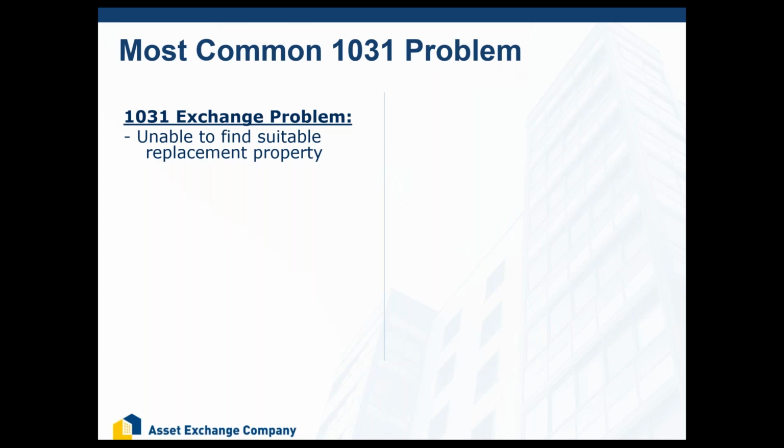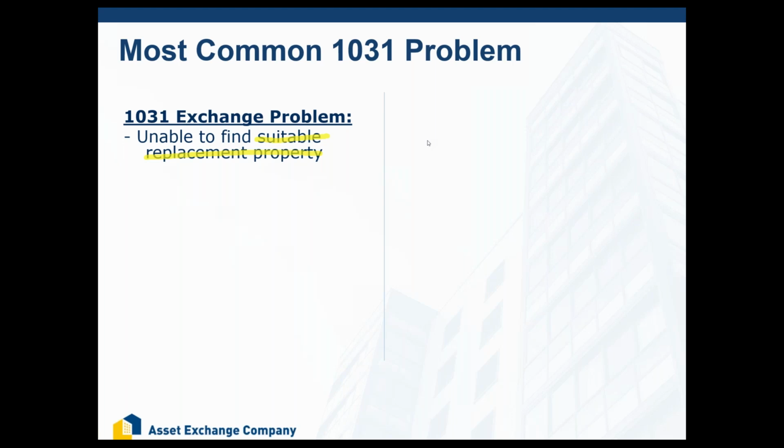Section 1031 of the Internal Revenue Code allows you to defer the taxes on your investment sale or business property sale, but you have to do what? You have to go out and buy replacement property. And ladies and gentlemen, in today's market, the single greatest problem that my clients face is finding suitable replacement property to buy.